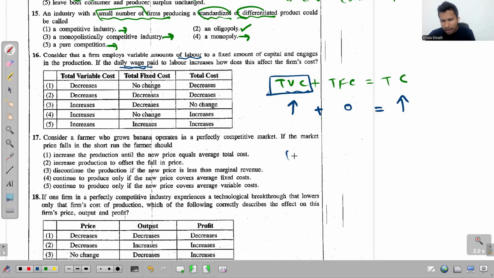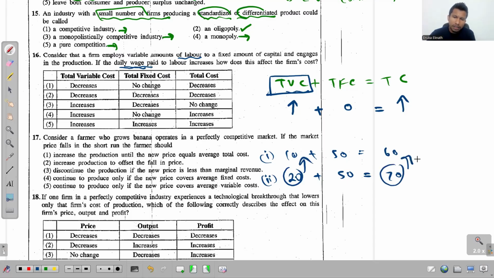Now, for example, if this is initially 10 and this is 50, then the answer is 60. And in the second situation, when total variable cost increases, let's say to 20, and nothing happens to the total fixed cost, which is still 50, this will be 70. So see, when this increases, even this increases.